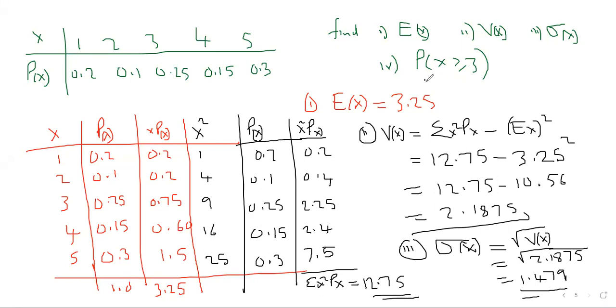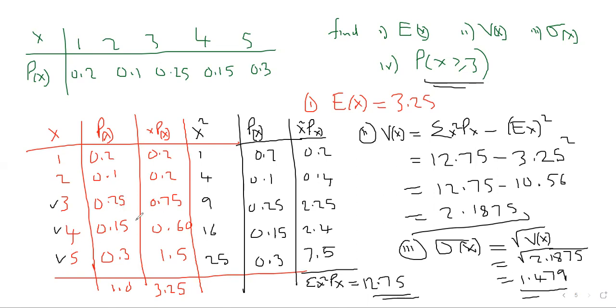Then how do you find the probability of x greater than or equal to 3? Which values are we looking at? 3 itself, 4, and 5.